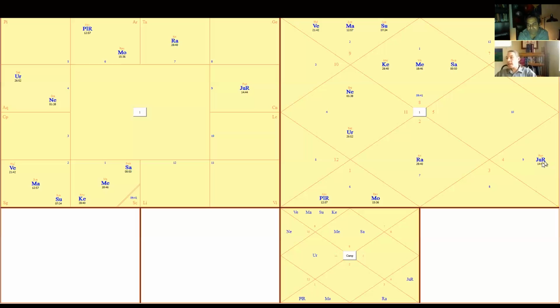So he also has Pluto joining his Moon. Pluto's aspecting Mars, his Lagna Lord. So lots of things happening here. One thing interesting about him, with the Moon here in the 6th, and with the 6th Lord combust in the 2nd house, along with the 12th Lord, he went bankrupt.